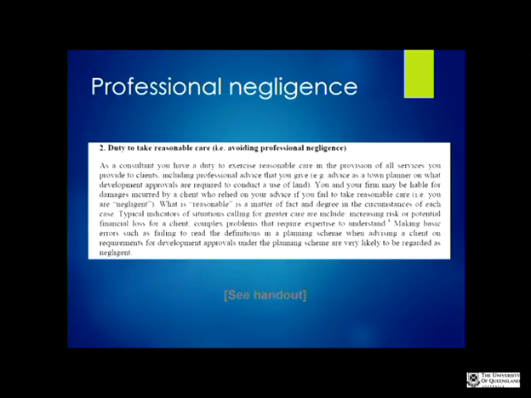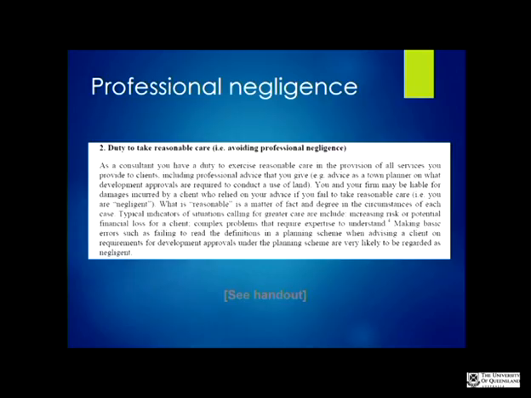So what's reasonable will change. There's no fixed and set idea of what is a reasonable level of care. They say it's a matter of fact and degree, so it depends on the circumstances of each case. But certainly you always need to watch out if it's something that is sensitive to your client. If it involves large sums of money, then you're required to exercise a higher level of care.